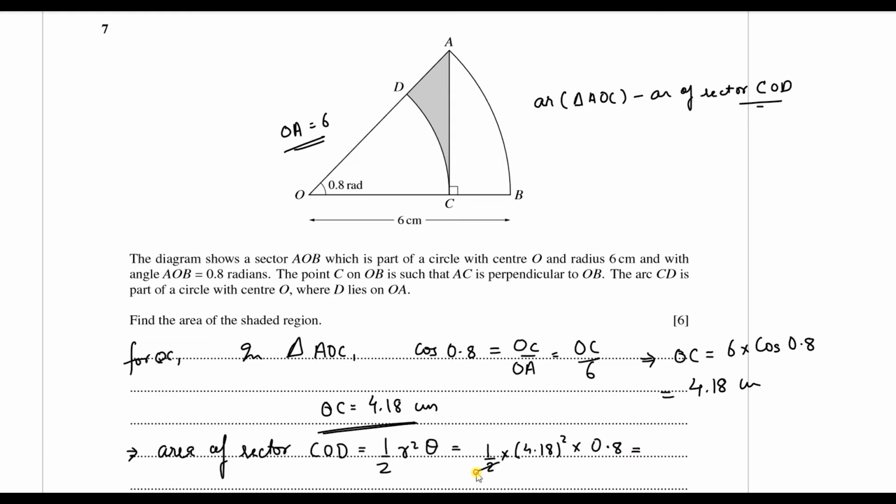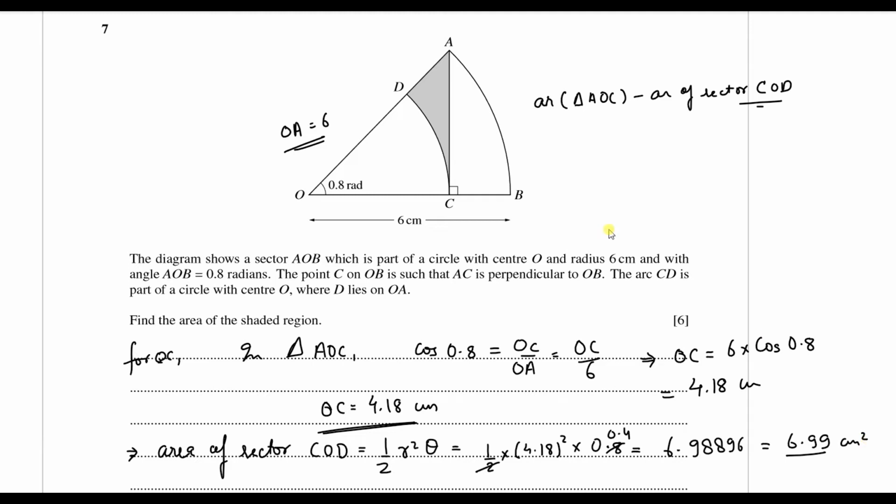We can calculate half times 0.8, it would be 0.4. So the answer would be 4.18 squared multiplied by 0.4, which is 6.98896, or to 3 significant figures, 6.99. So the area of the sector is 6.99 centimeters squared.